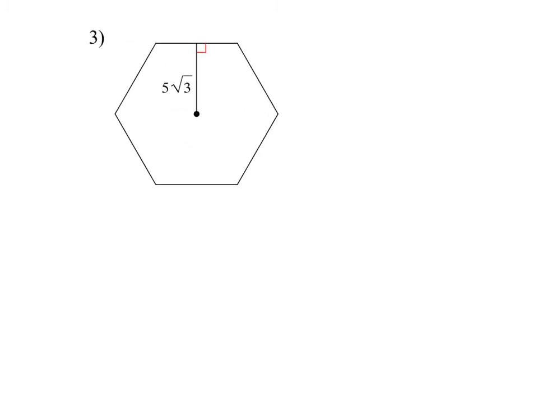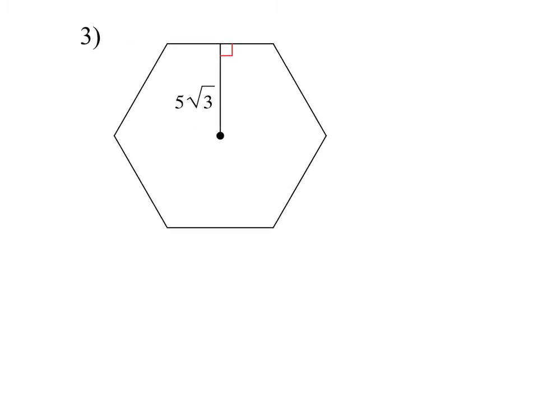So this next one, as you can see, I only have the measure of the apothem of this hexagon, right? So first of all, I'm going to draw this triangle right here so you can see better, right?